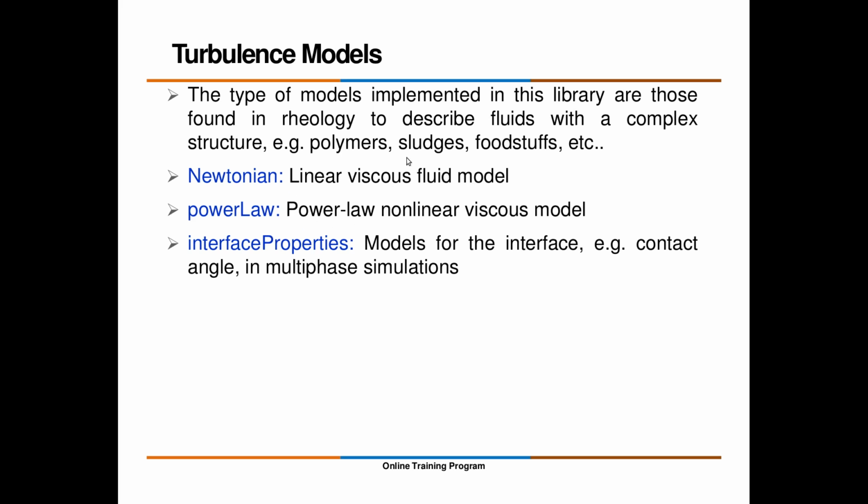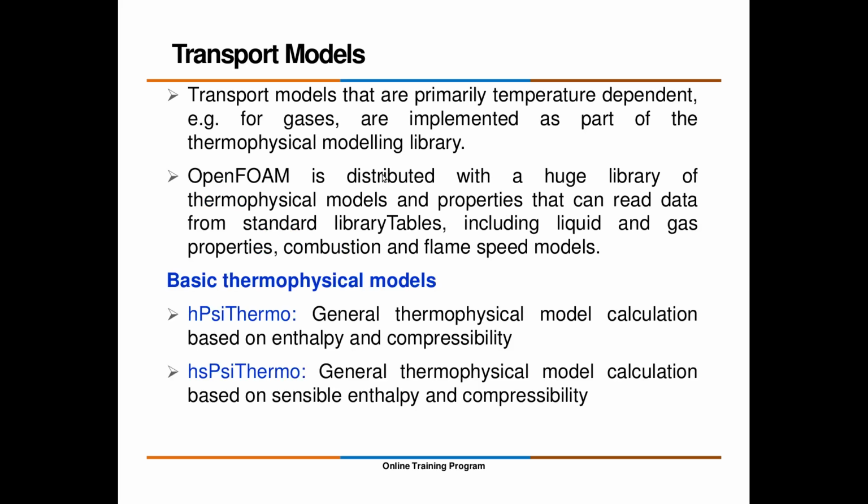Different classes of rheological models are also available: Newtonian, power law, interface property, so many things are available. Then transport-wise, if we talk about incompressible flow, as far as transport property is concerned, to set a Reynolds number we require the density and the viscosity. Here we are going to work with the ratio of viscosity and density, the kinematic viscosity. So only nu, the kinematic viscosity, is required to set the transport property.